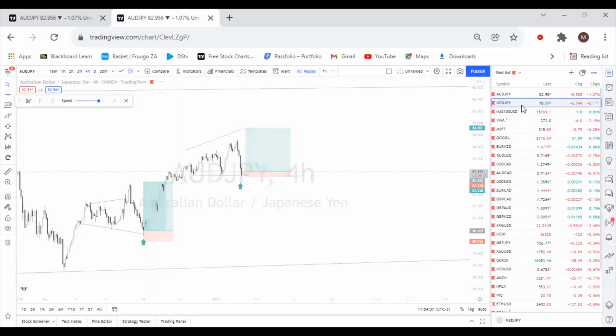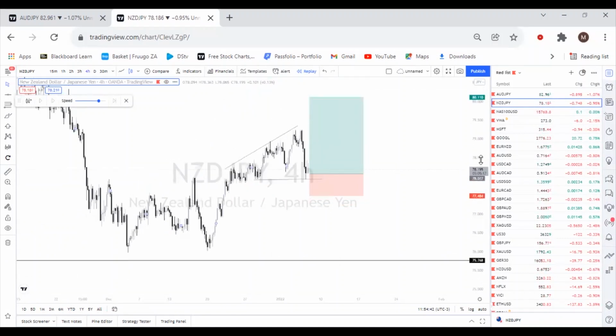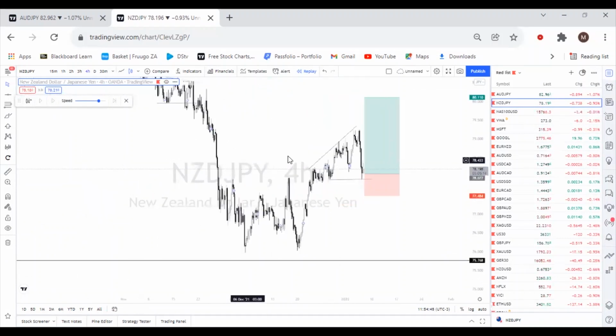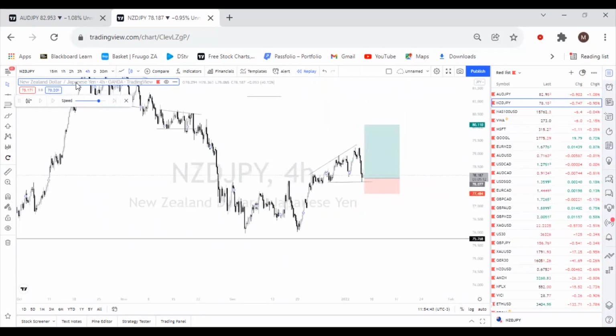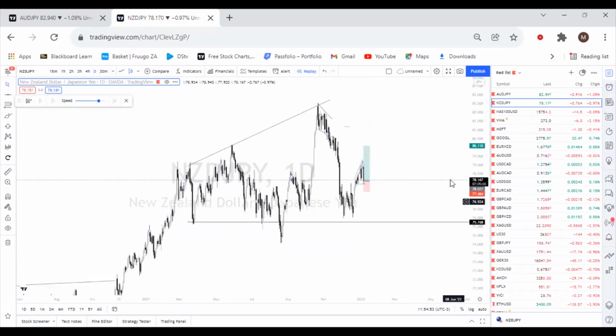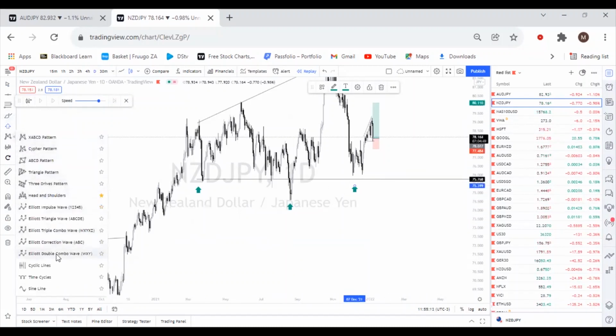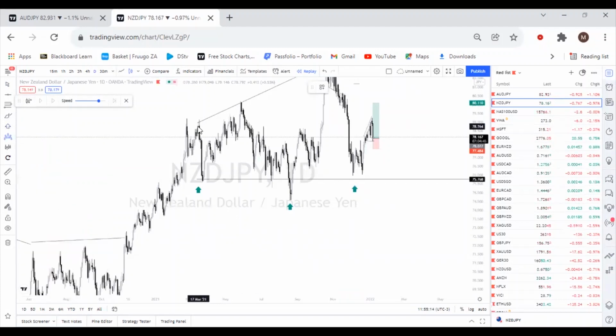I'm gonna move on to the next pair, which is NZDJPY, and then it's the similar thing. It's literally the similar thing, but then it's not entirely the same, but then it's quite similar. As you can see, we have a huge impulse, and we have this 1, 2, 3 thing going on, and you can see it's sort of like an inverse head and shoulders.